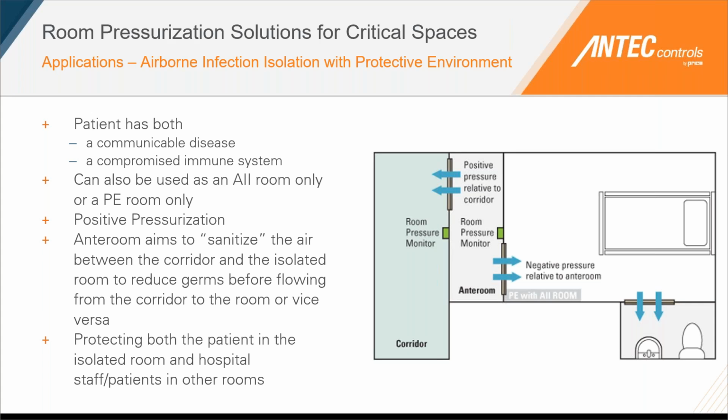So in these kinds of applications, we want to ensure that we're able to have a buffer room or anteroom that can sanitize the air between the corridor and the isolation room. This can actually help us prevent germs from flowing into the corridor and affecting other people in the hospital.